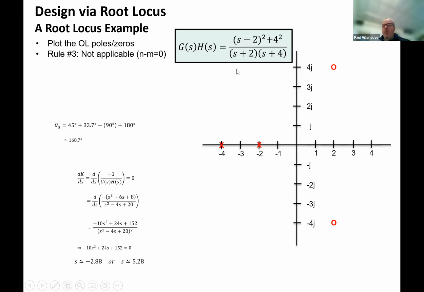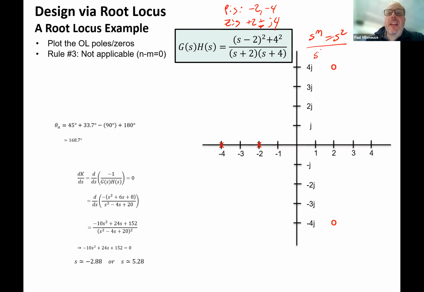So my finite poles and zeros, my P's and my Z's. I have my poles at -2 and -4, and my zeros at positive 2 plus or minus j4, right? Now, I don't have any infinite zeros because the highest order S term in the numerator, our S^M term, would be S squared.